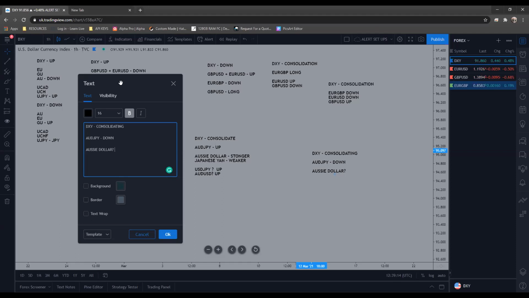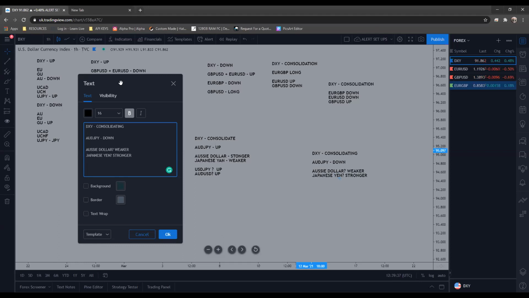So it's weaker. Okay, so that means the Japanese yen is getting what, stronger? Yeah, perfect. Oh yeah, it's Australian dollar, I should have said. So basically, your Aussie dollar is getting weaker, your Japanese yen's getting stronger, right?